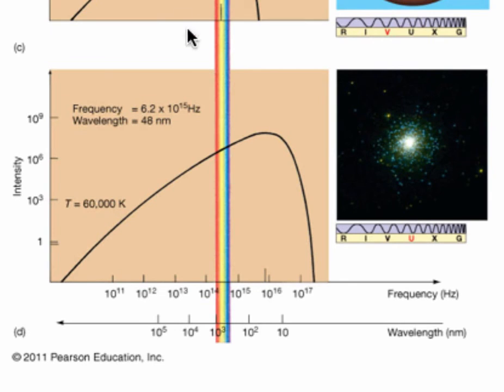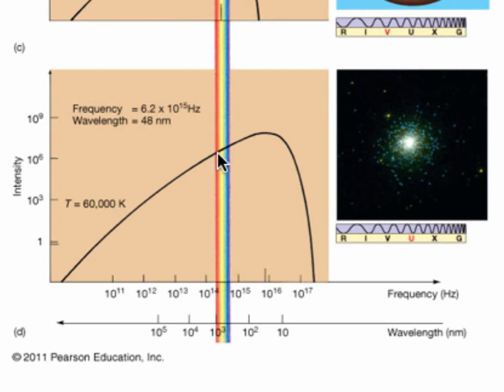If we go down to the bottom picture, this is a very lousy picture of a bright blue star. This is taken with an ultraviolet telescope, which is why it looks kind of funny. But this is a distant star that's just very bright. It's very hot. Its temperature is 60,000 Kelvin, so 10 times hotter than the Sun. And you can see that its spectrum peaks way over in the ultraviolet, very short wavelengths.